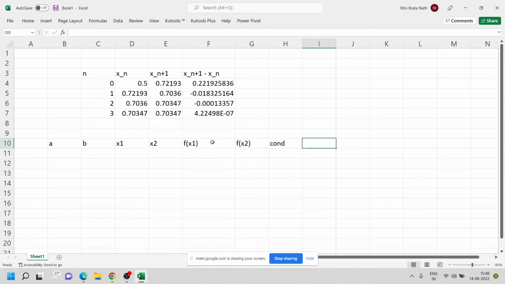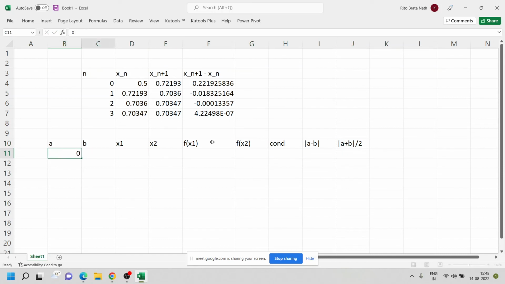This condition you need to check. Then you have something like this.